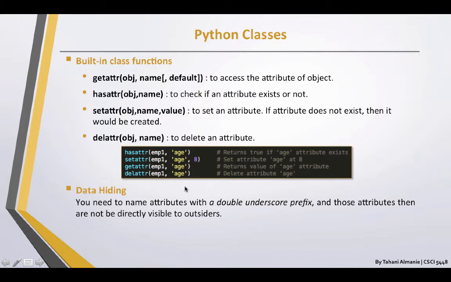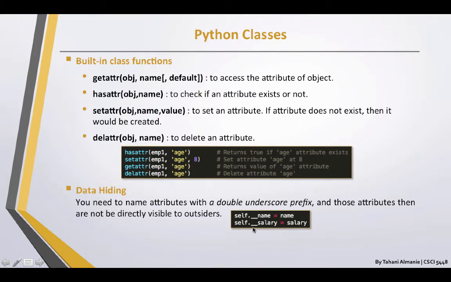Now maybe you're wondering, so where's the data hiding? Well, data hiding in Python can be applied easily by naming attributes with a double underscore prefix. Like in this example, by using this underscore as a prefix, those attributes are then not directly visible to outsiders.